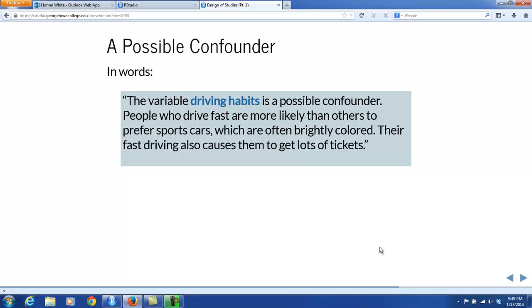Their fast driving also causes them to get a lot of tickets. That's a good, tight justification, a good argument for the idea that driving habits is a confounding variable in this observational study. There was a third condition for a confounding variable, namely that driving habits is a different variable from car color and from tickets, but that's so obvious, I guess it goes without saying.